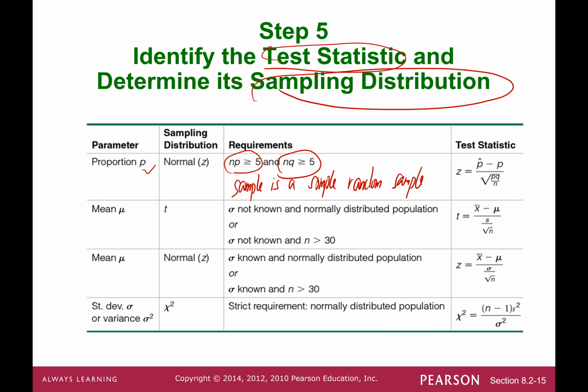The test statistic, z-score, equals sample proportion p hat minus population proportion p, divided by the square root of pq over sample size n.